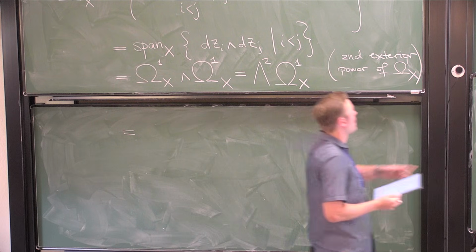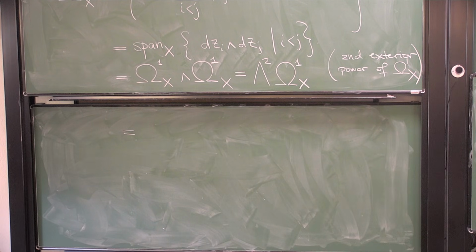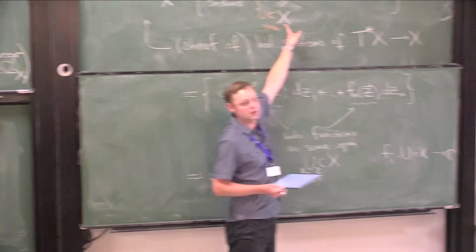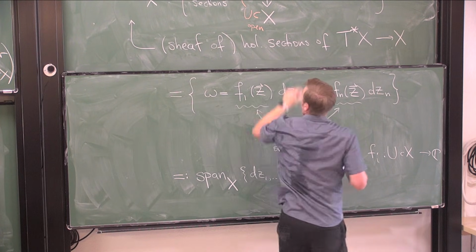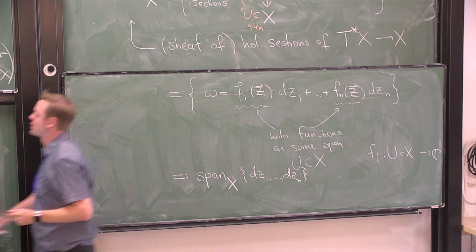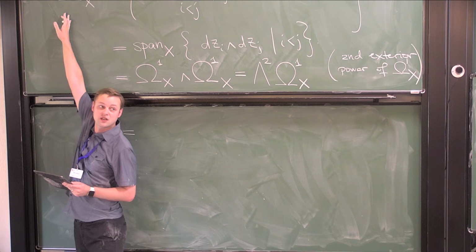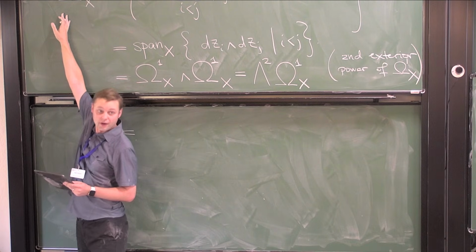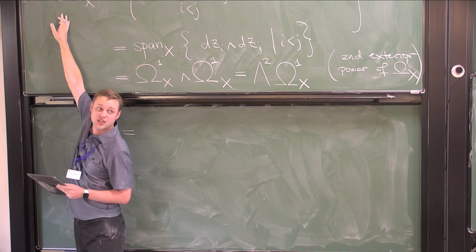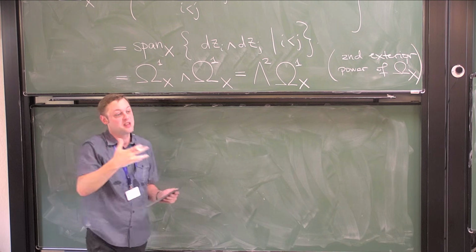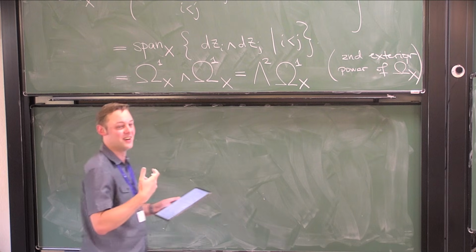Okay, so another way of thinking about it. These omega 1 X were local sections of the holomorphic cotangent bundle. The second exterior power, these holomorphic 2 forms, are also local holomorphic sections of a bundle. And that bundle is the second exterior power of the cotangent bundle.